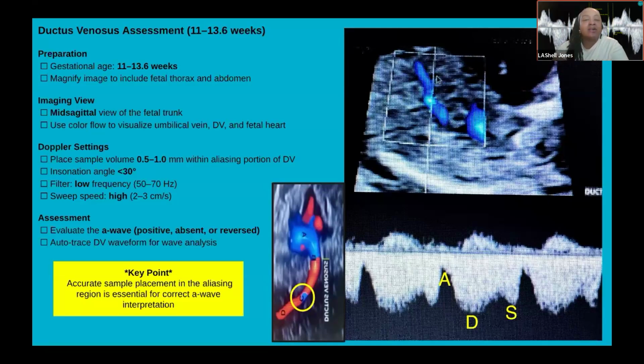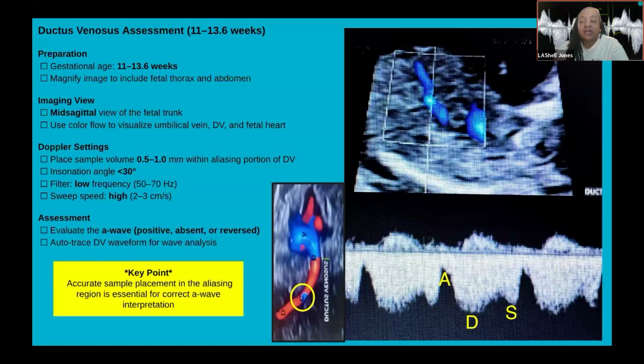Okay. That angle must be less than 30 degrees. Remember your filter at low frequency, and then the sweep speed is the same, which is 2 to 3 centimeters per second. Okay. Now, once you assess that, a normal waveform should present as this: triphasic with S, D, and A above the baseline. Okay. But what we're evaluating, we're checking for if it's absent or if it shows reverse.